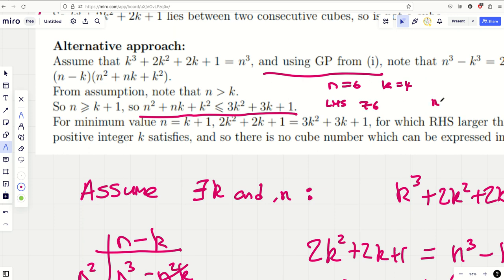But on your right-hand side, what are you going to get? 3 times 4 squared, 4 squared 16, so 48, plus 12, that's 60, plus 1, 61, yeah? Now, is 76 less than or equal to 61? No, it's not, yeah?